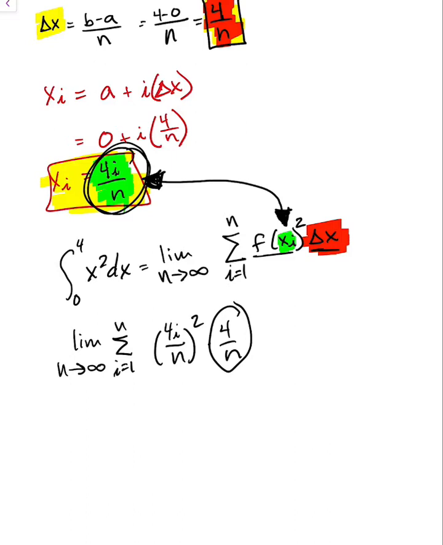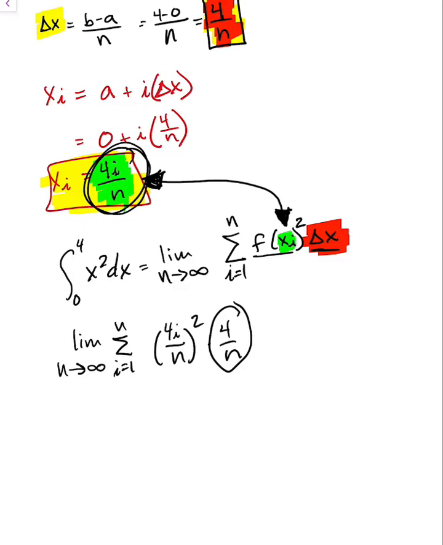One of the things I want to do now, recall that in the last presentation, one of the last pieces of information I gave you was the summation formulas. Remember, there were about 8 that I gave you.